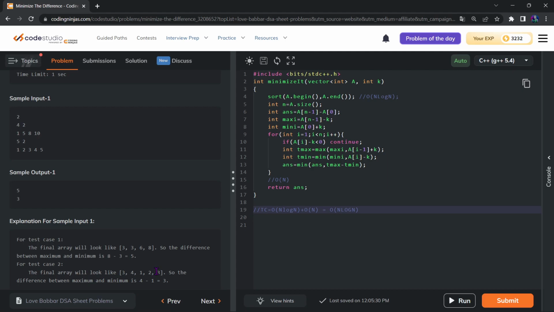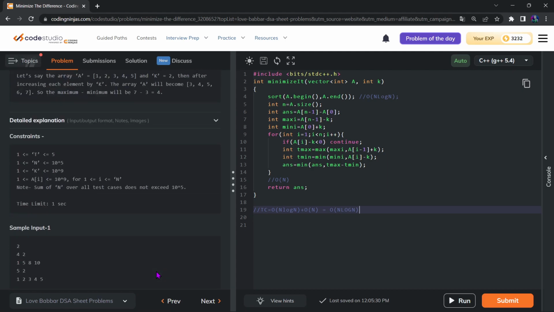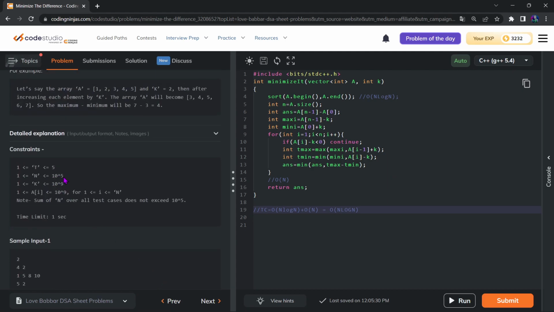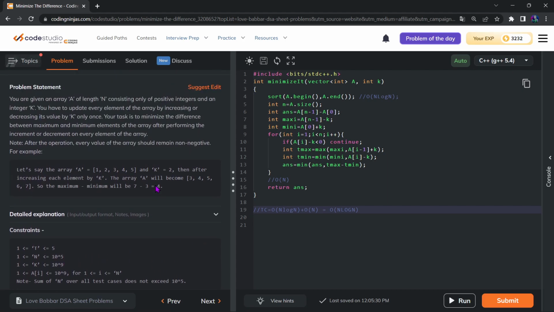Now the constraints we are given have n reaching 10 power 5. So if n reaches 10 power 5, we can say that n log n is accepted here, because it will not be too large.